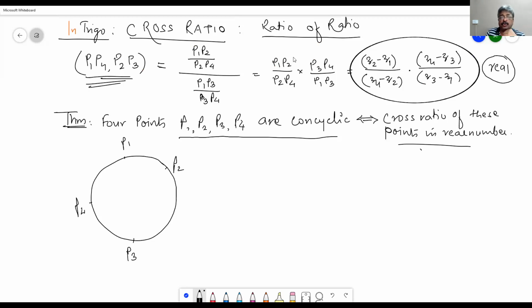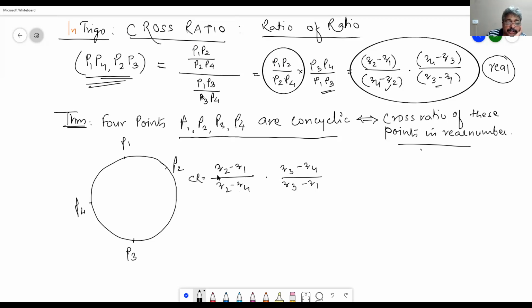So, if you look at this ratio, which is correspondingly this ratio, and this ratio is this. So, let us write the cross ratio in the form Z2 minus Z1 upon Z2 minus Z4 into Z3 minus Z4 upon Z3 minus Z1. So I have changed signs of two ratios, this and this. Therefore, it is same. So cross ratio is equal to this.